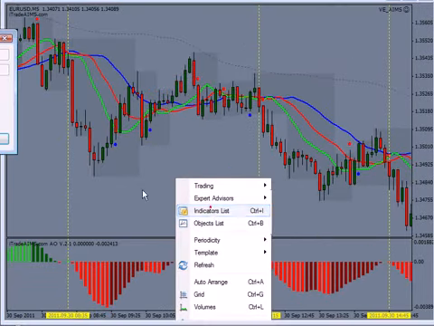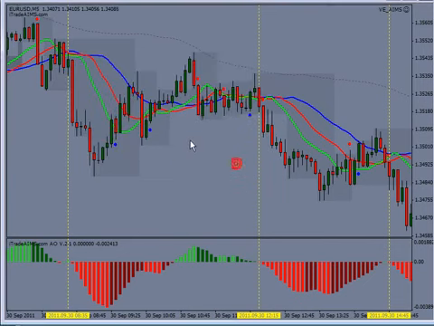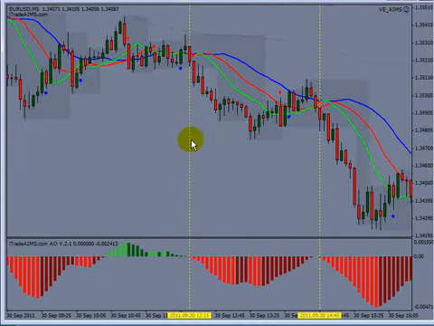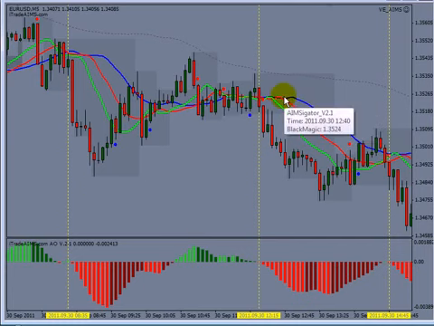Okay, the next indicator is the AIMS indicator. Now, if you don't know what the alligator is, the alligator is basically the Bill Williams indicator made of these 3 lines: green, red, and blue. According to the structure of the market, blue is the balance line of the market.